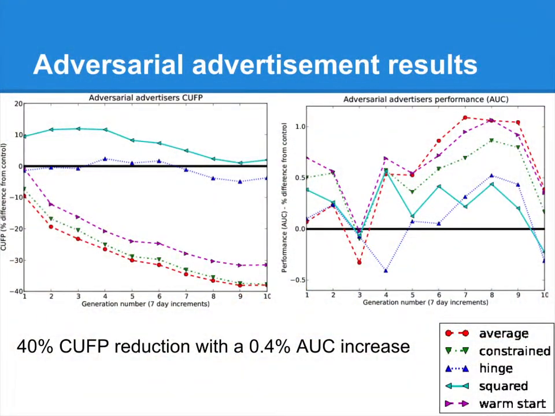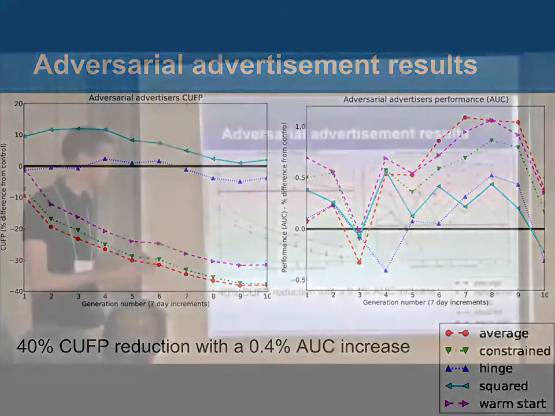As far as the actual results, in each of these plots, the x-axis is the number of times we've retrained, and the y-axis is the performance of the models relative to a control. The thick black line is our control, and this is percent difference, so that's at 0.